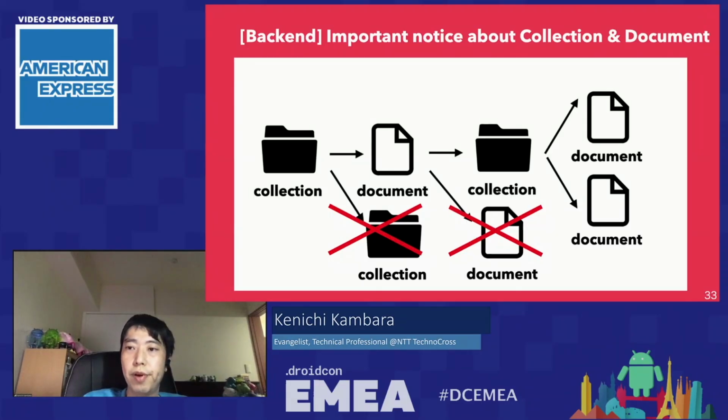Okay, next slide. There is an important notice about collections and documents. A collection can include multiple documents in it, but a collection cannot include another collection in it. It's a very important rule.